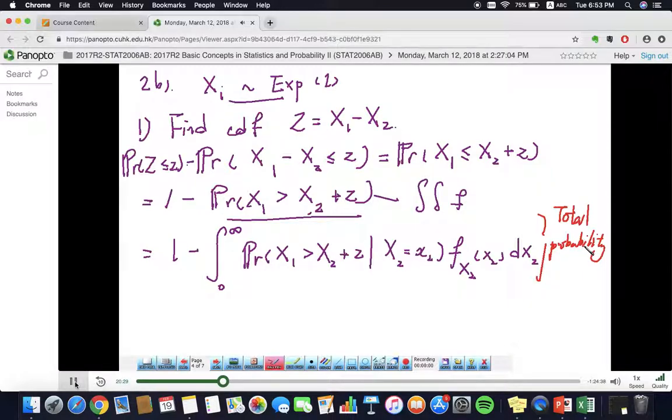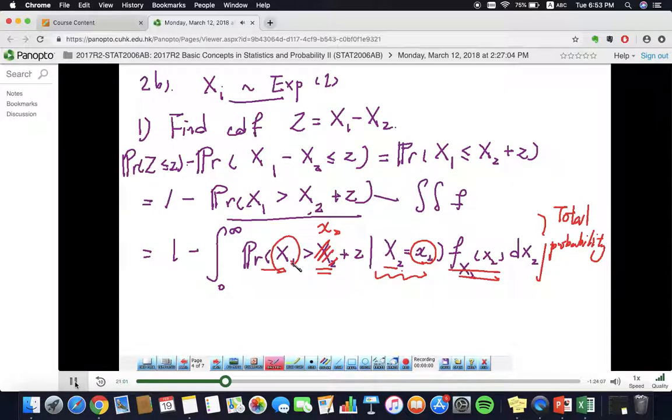Now, how to do? This is the density function we already know. But we know that x2 and x1 are independent. The only difference is we know now x2 is equal to small letter x2. So it would be the same as replacing this capital X2 by small letter x2. And then this event is actually totally independent of x1.